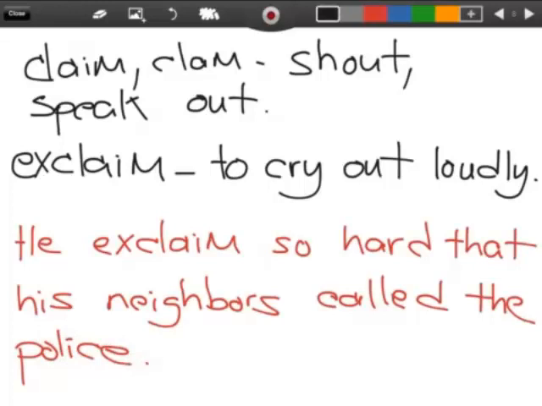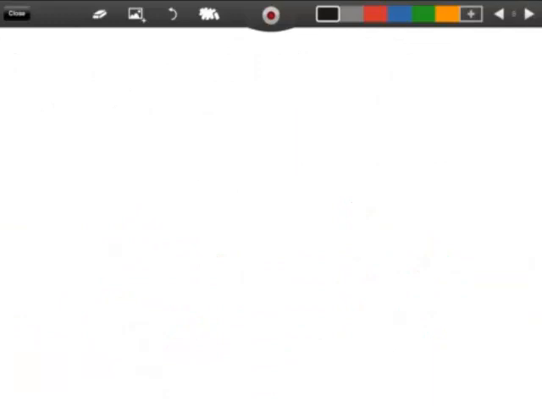Moving on to our next root is clar. And clar means clear.